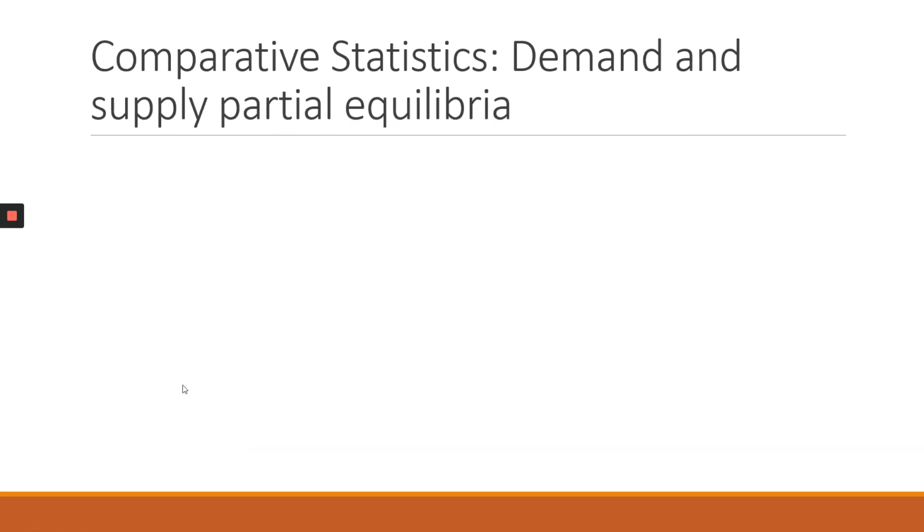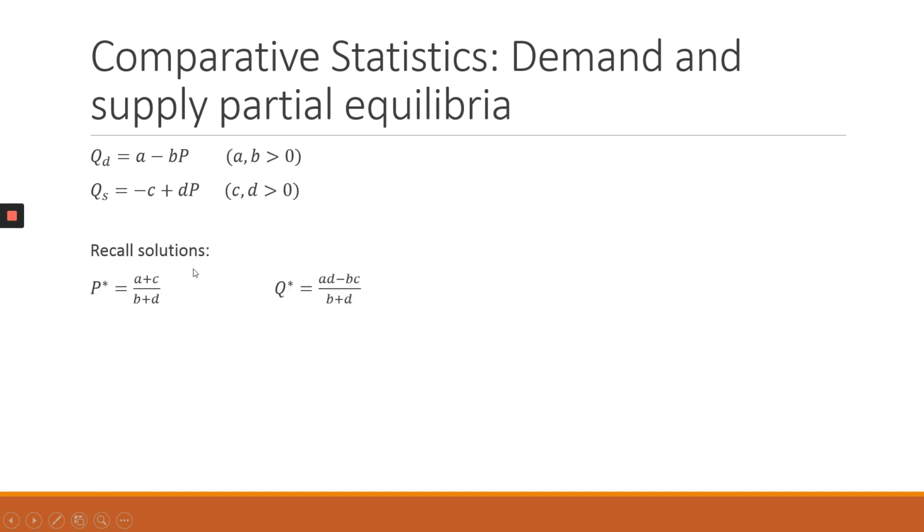Applying it to the market model, your demand and supply, we also recall from topic 1 and 2 that we can solve for the equilibrium solutions. In this case, that will be your QD star, QS star, and your P star.